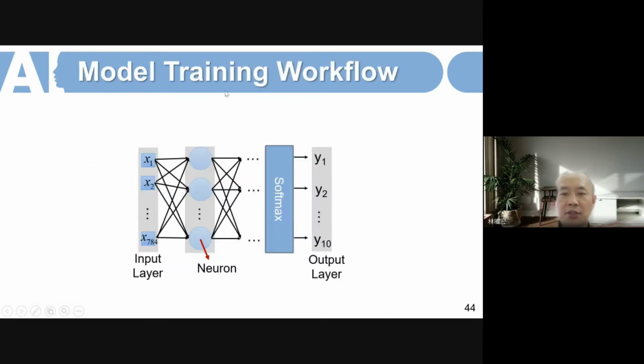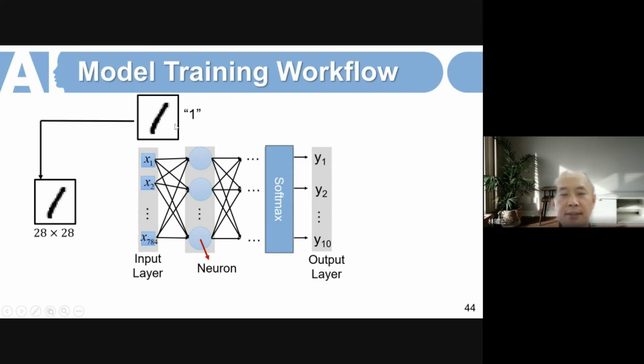The workflow of model training is this. You have training images with labels. The label, the ground truth, is an integer, and the image is small, 28 by 28. Because the input is a one-dimensional tensor, we need to reshape the image from a two-dimensional tensor to a one-dimensional tensor.